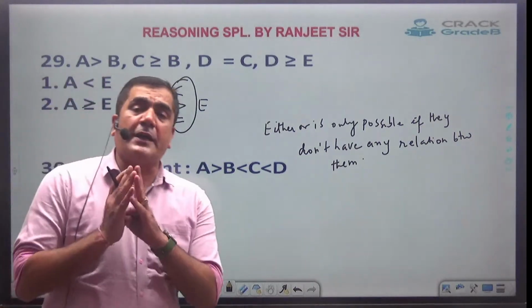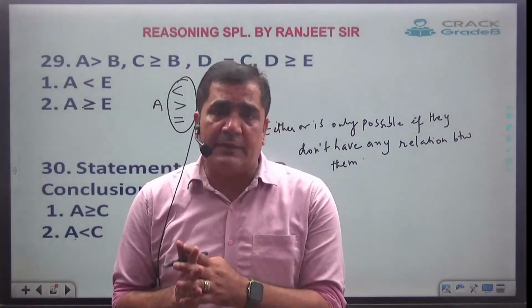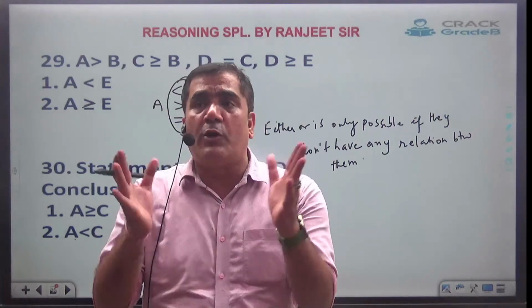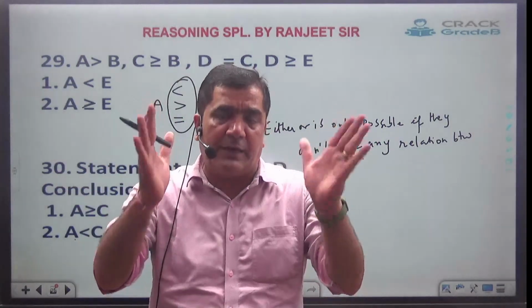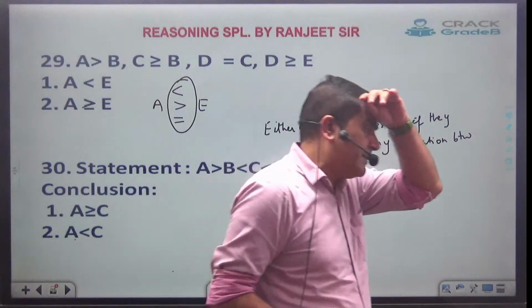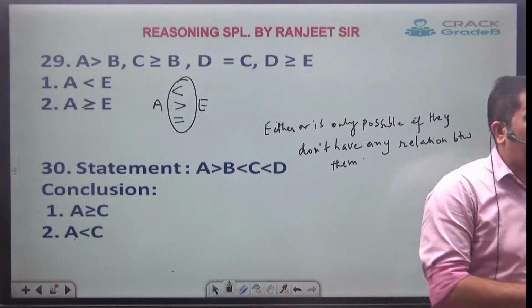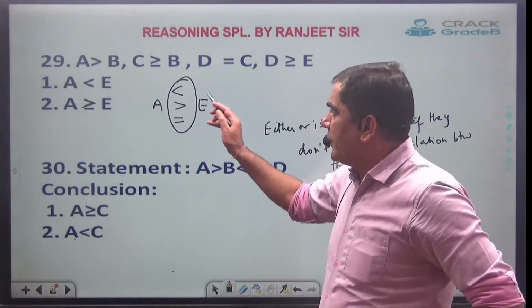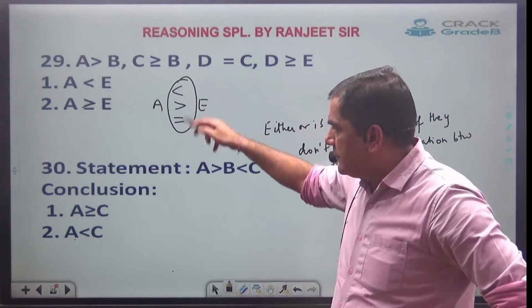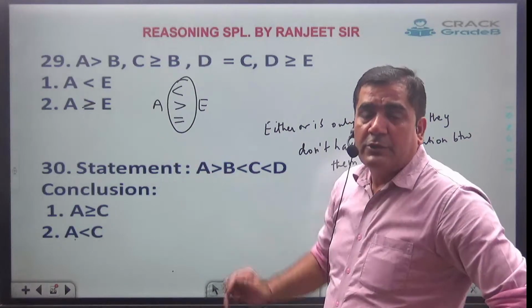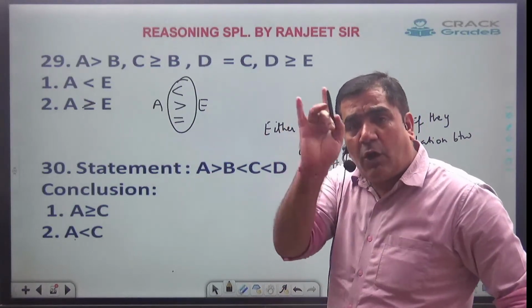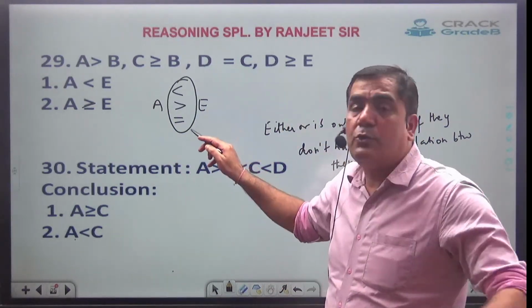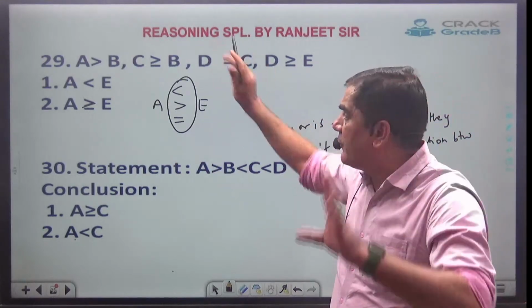And under what condition we don't have any relation between them? The only condition is if both the faces come in between the variables. Both the faces means greater or smaller, both come. Then they won't have any relation between them. So here, since all the three symbols have come, the answer can be either or only if A and E have no relation between them. Let's check from the statement.